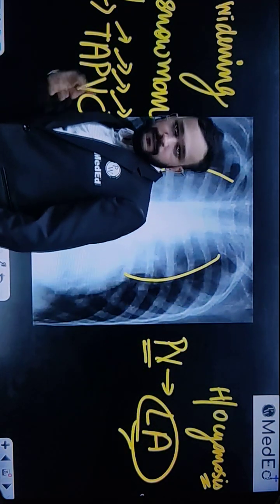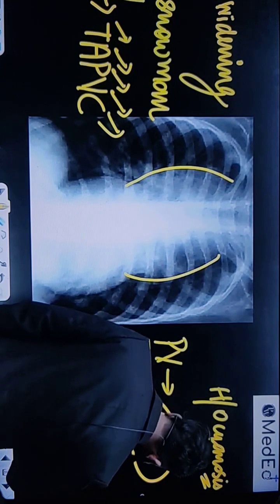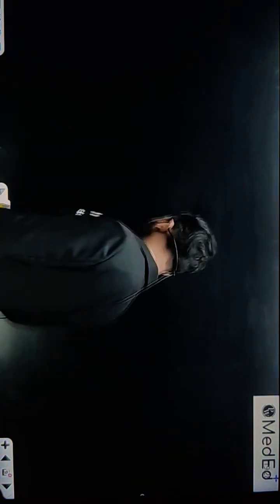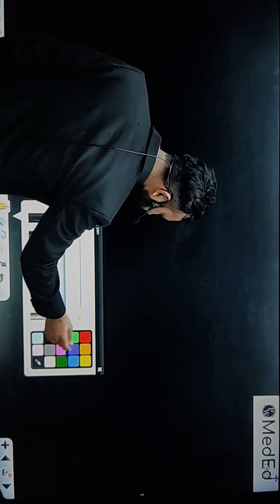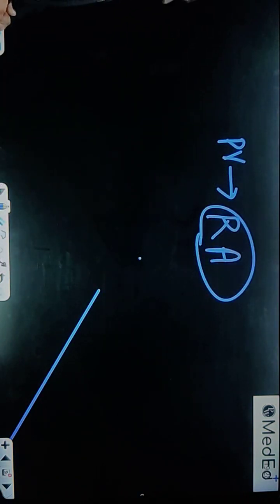The right atrium will receive your SVC and IVC, and your left atrium will receive your pulmonary veins. And how many pulmonary veins are there? There are 4 pulmonary veins. So in a normal patient, these pulmonary veins drain into the left atrium. When these pulmonary veins are draining into the right atrium, we call it a case of total anomalous pulmonary venous connection.